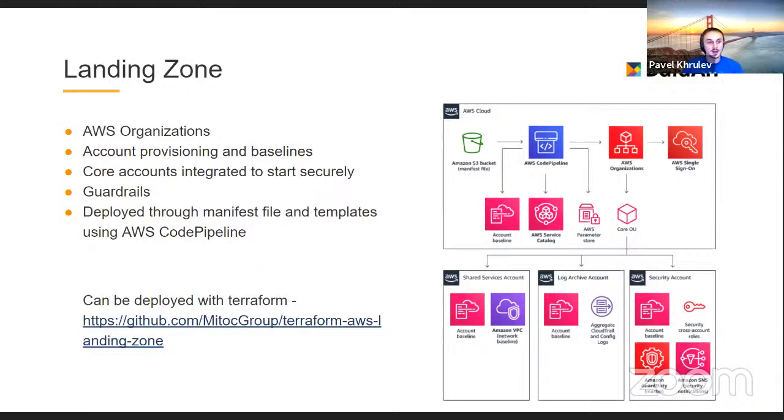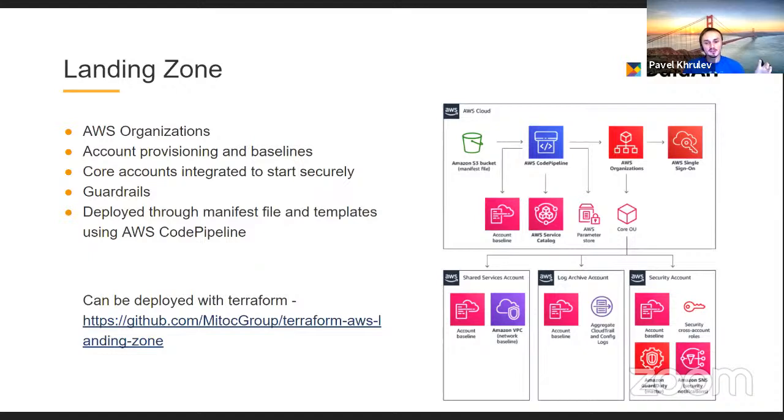That means you can create a new account with everything you need provisioned in this account to use it. Any baselines, any rules, any design of VPC that you would like to have in a newly created account. That is possible with the account vending machine.